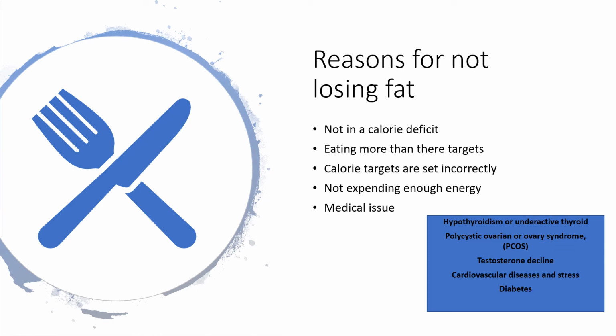So more often than not, we are just not in a calorie deficit, and just learning to create that is probably the most important thing you can take from today. Weight loss isn't overly complicated. You just haven't set up your week, your day, your meal, your exercise, whatever it may be, to create that negative calorie balance.